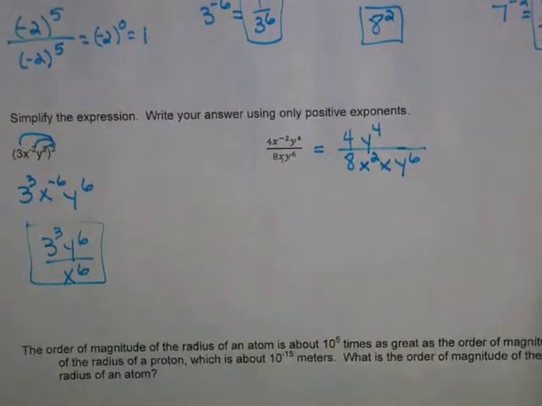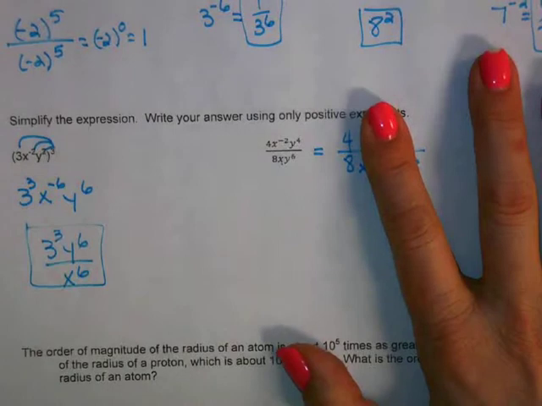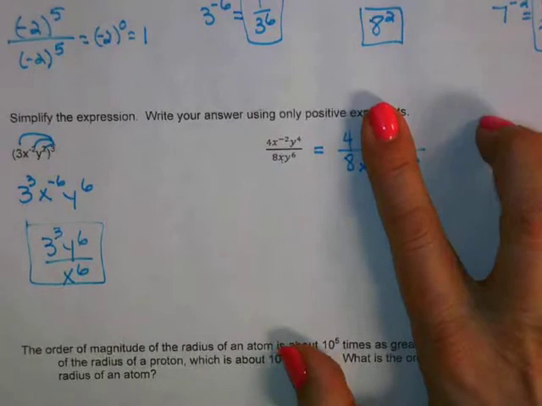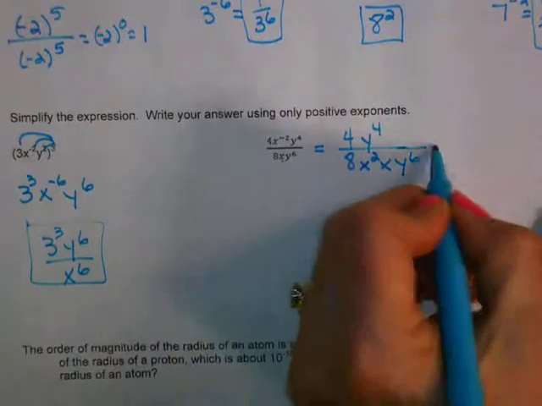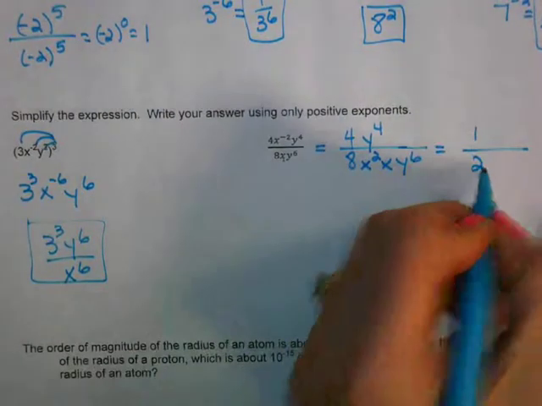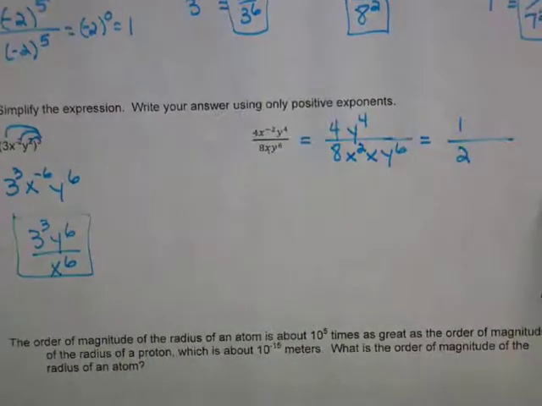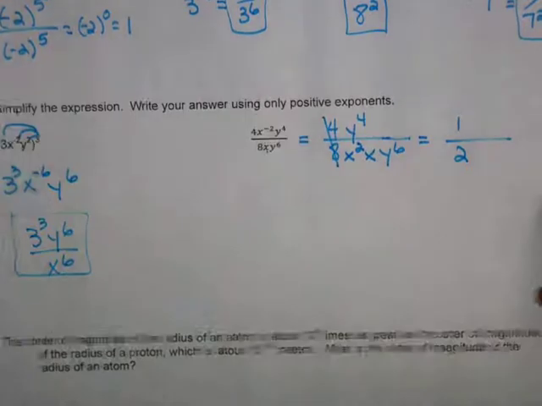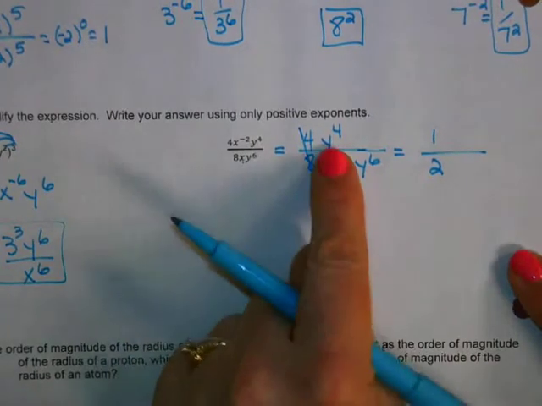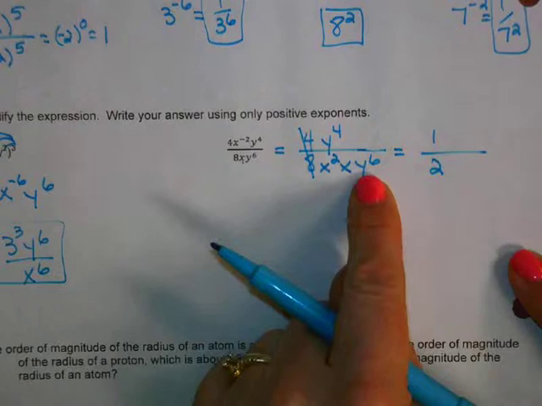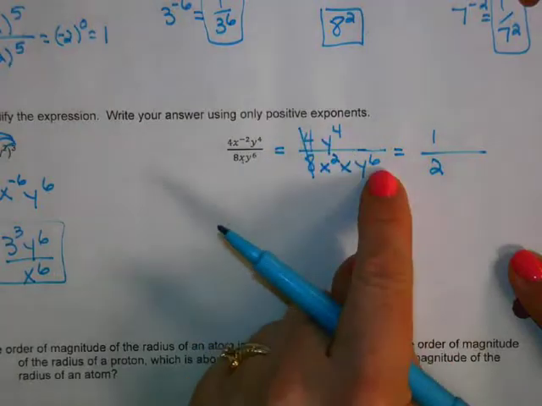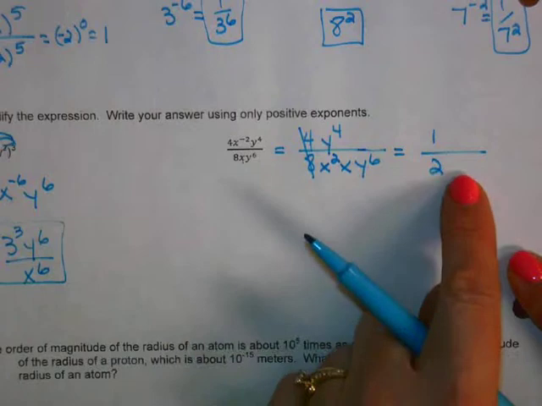Now once you've moved it, then you have to start saying, what can I simplify? And the very first thing you should look at is those numbers. 4 over 8, can that be reduced? Yes, it's just a fraction, so I'm going to reduce that to 1 over 2. I took care of that. Y to the 4th over y to the 6th. If I subtract 4 minus 6, it's negative 2. Where would I put them? There's more on the bottom, right?